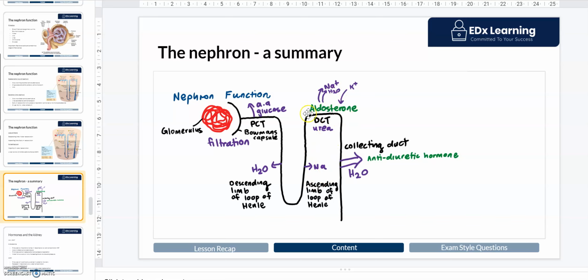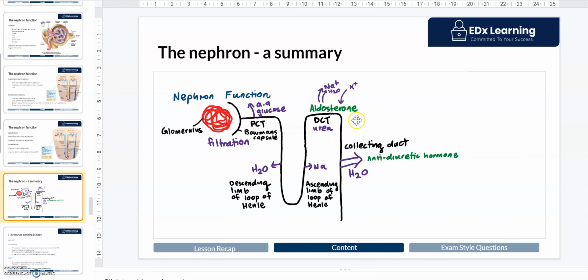In the distal convoluted tubule, the key point is that waste products pile up into the nephron so they can be eliminated via urine. And at the collecting duct I've shown you here, we have water reabsorption, and the hormone that controls this is known as antidiuretic hormone.